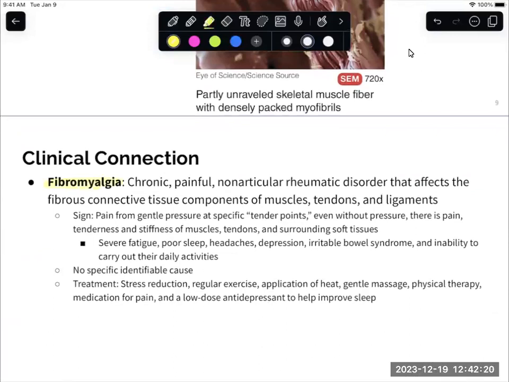Okay, fibromyalgia. If you don't know it, I'm sure you may have heard of it, at least heard the word. Fibromyalgia affects connective tissue that attaches to muscles, tendons, and ligaments. It's very painful. And these people get like tender points that you don't even have to push down where it's pain.